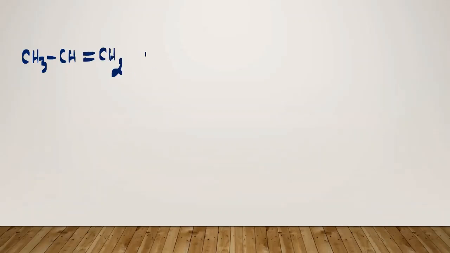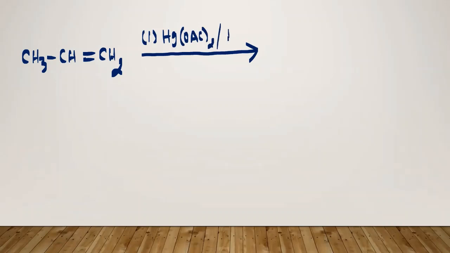This is our alkene, and what you are going to do is addition of water, but the addition happens here in two steps. In the first step, you will take mercuric acetate in THF and water. Then in the second step, you will use sodium borohydride in NaOH.